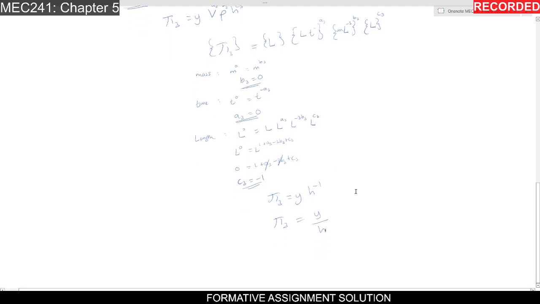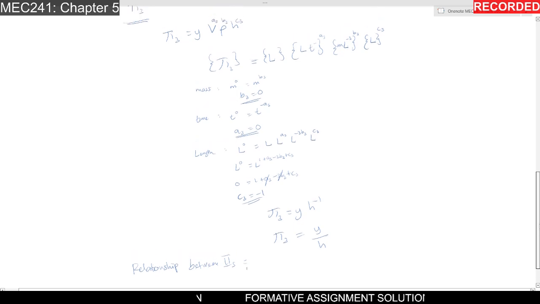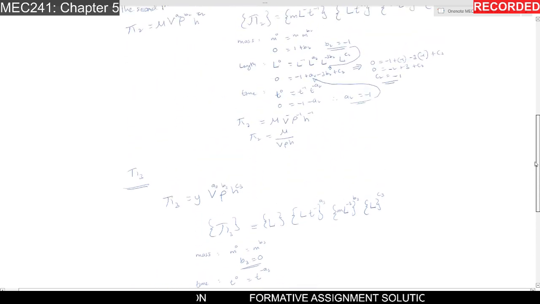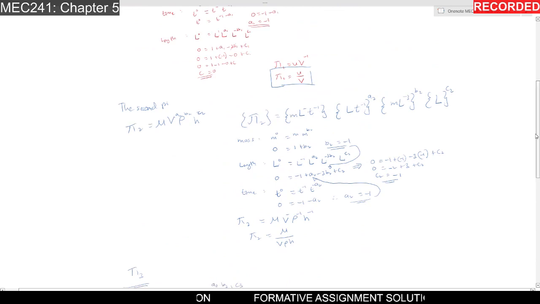Okay, so the final relationship between the pi's, you have to check with the tables of the formulas that we can refer to. Check your notes, here is the Reynolds number, right?